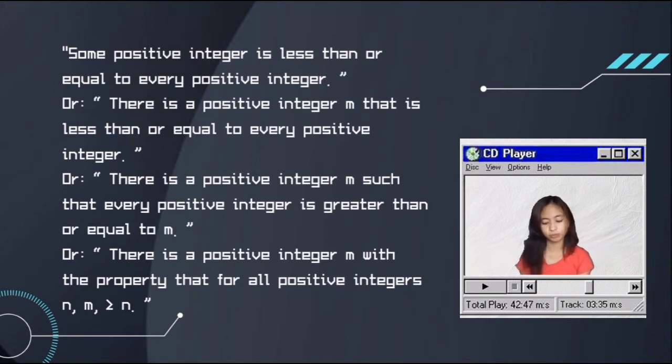Or there is a positive integer m such that every positive integer is greater than or equal to m. There is a positive integer m with the property that for all positive integers n, m is greater than or equal to n.